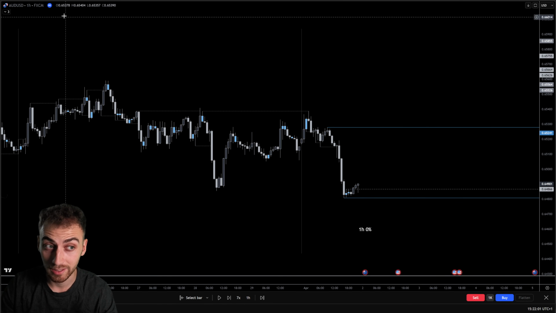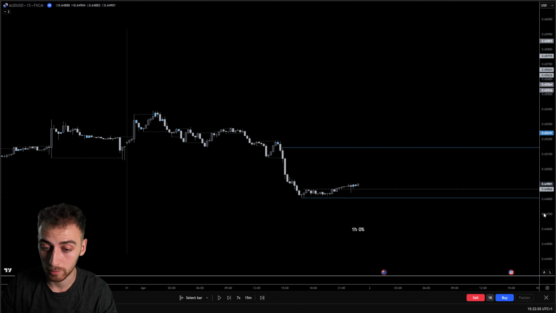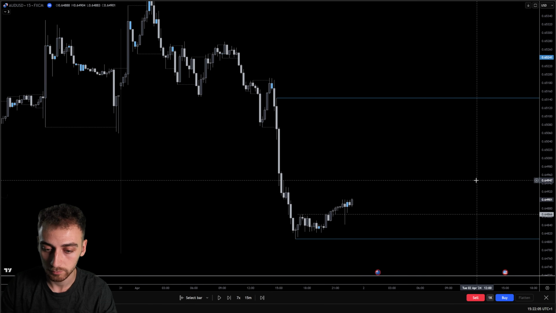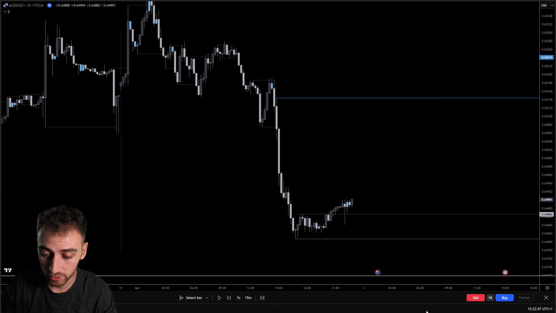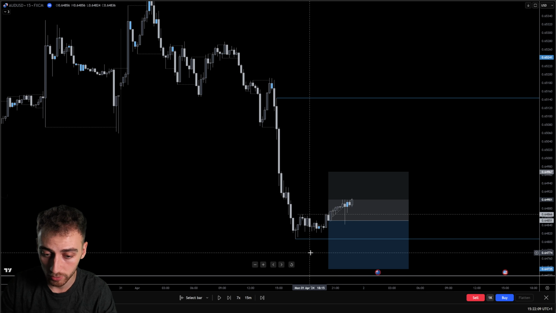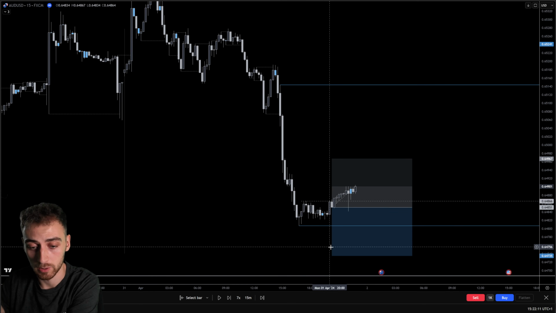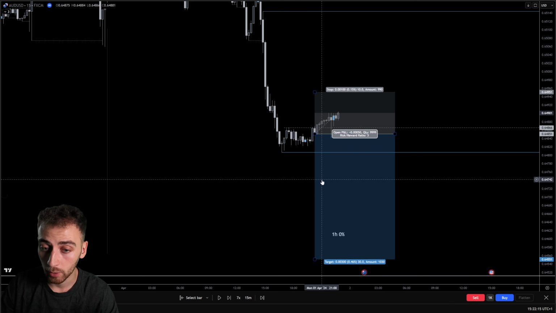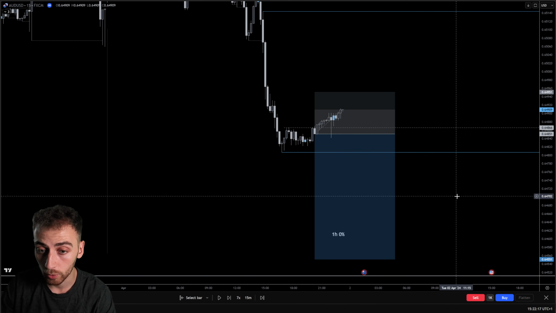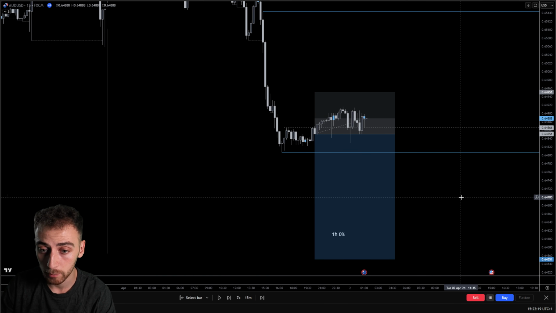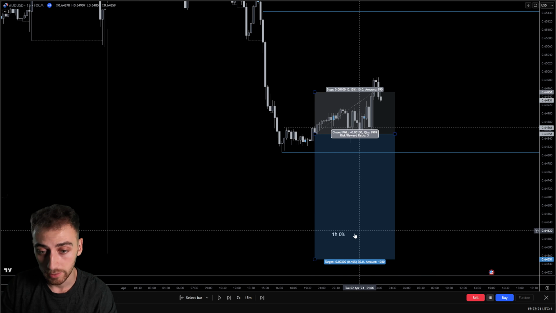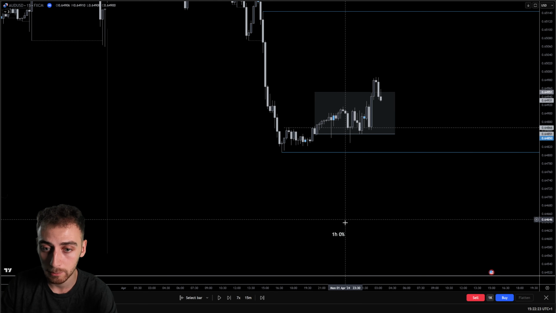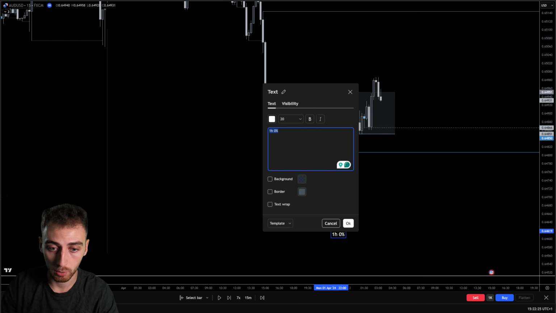But there's probably going to be an entry on the 15-minute, isn't there? Yeah, there is, and it actually looks really good on the 15-minute. There is an entry right here, because that's where we broke the flag high. So this might end up being a 1% loss for the 15-minute time frame. Let's see what happens. Yeah, so in this case, the 15-minute resulted in a 1% loss.